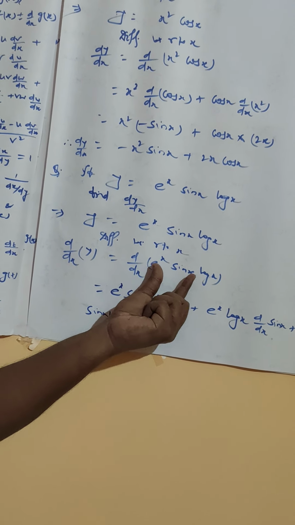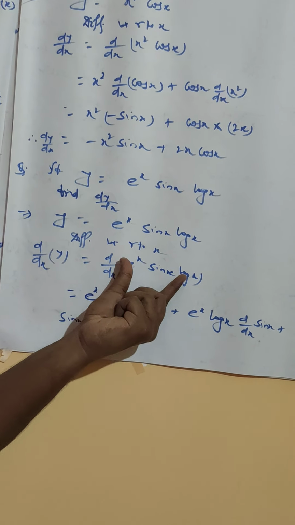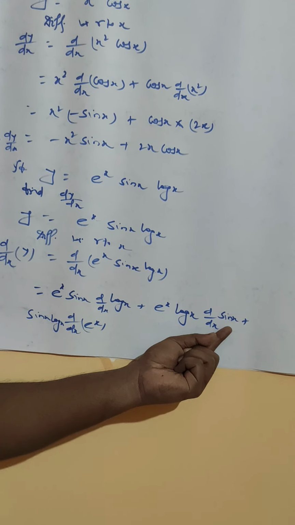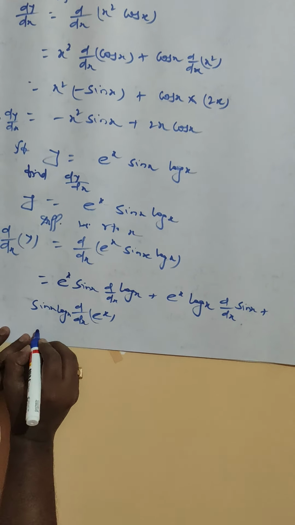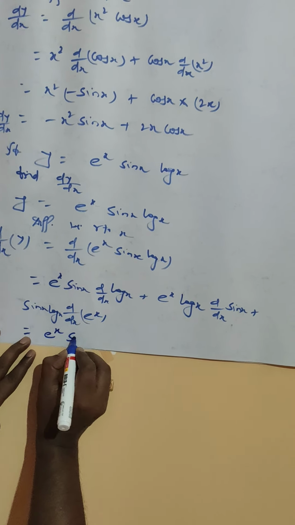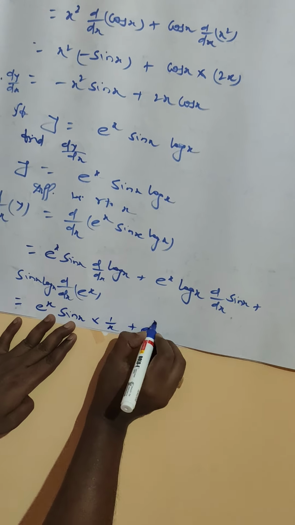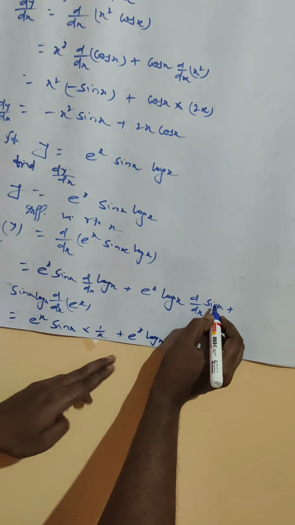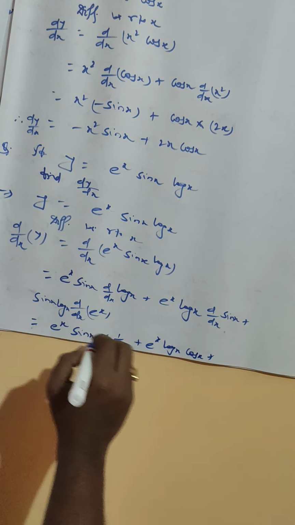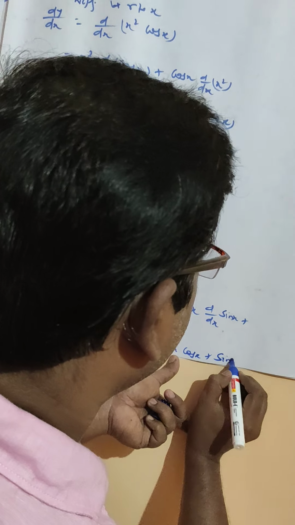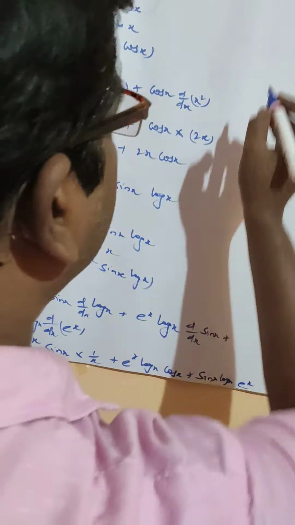So here we are starting from last. First two functions constant, third we differentiate. First and third constant, second we differentiate. Second and third constant, first we differentiate. E raised to x sin x, for the derivative of log x is 1 by x. E raised to x log x, for the derivative of sin x, that is cos x, plus sin x log x constant, derivative of e raised to x is e raised to x.